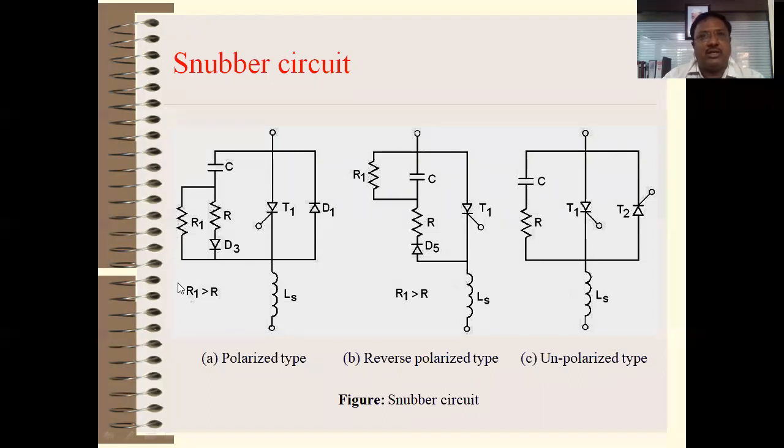If this discharge current has a high transient, it may damage your device, so R1 is used to limit any high current transients.